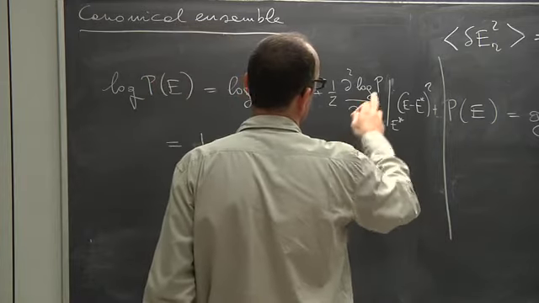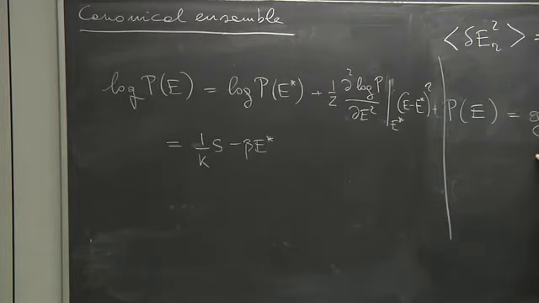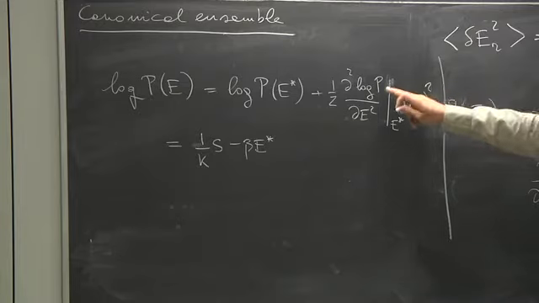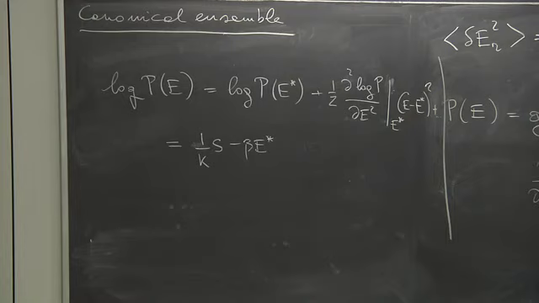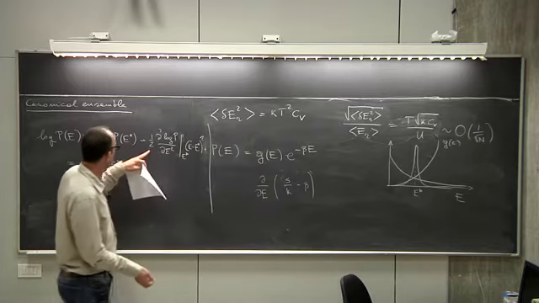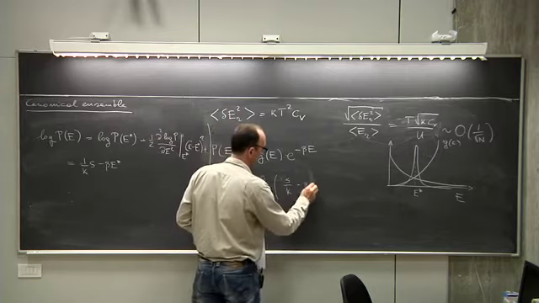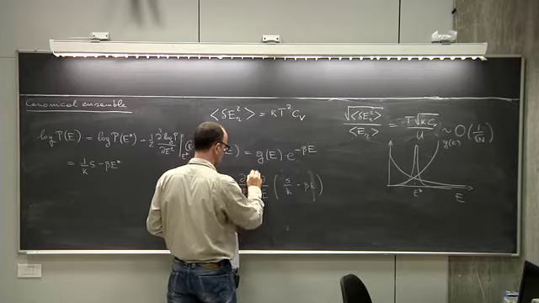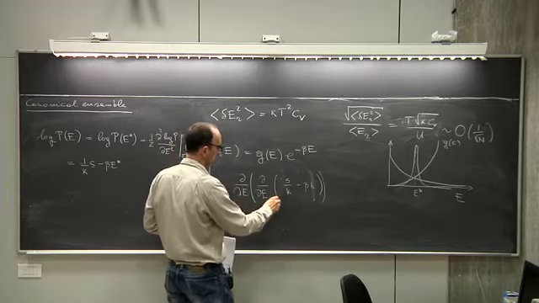So the second derivative. The log of P is S divided by k minus beta E. So I have to take two derivatives with respect to the energy, right?